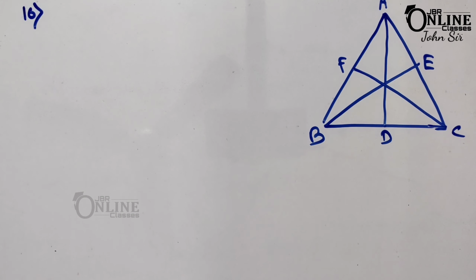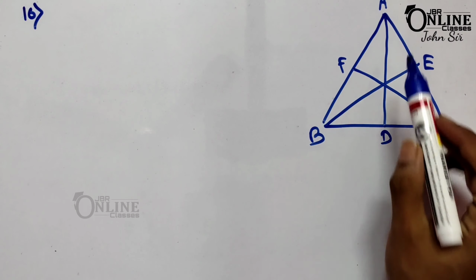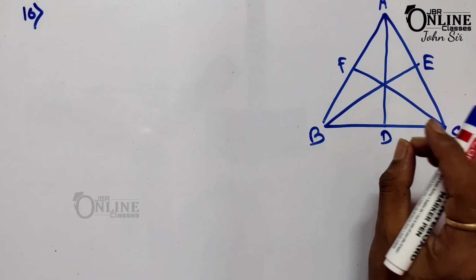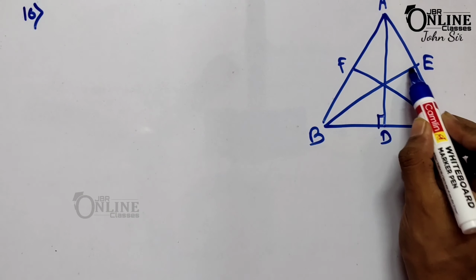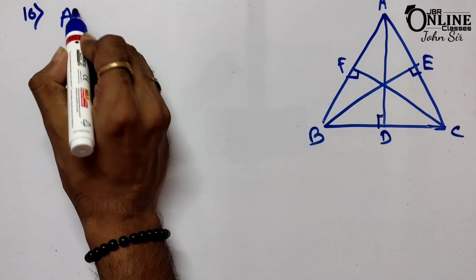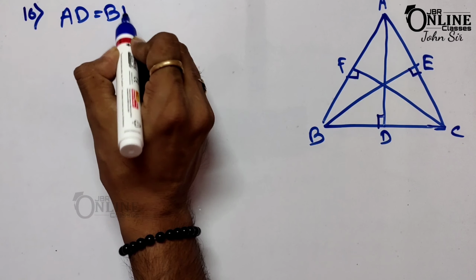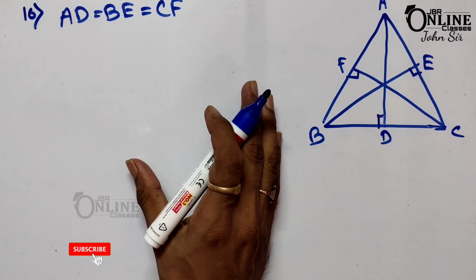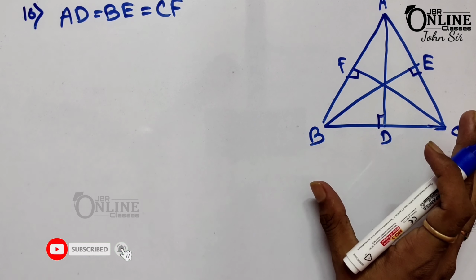Now sum number 10. In the adjoining figure, AD, BE and CF are the altitudes of the triangle. That means this angle equals 90 degrees. Here AD equals BE equals CF, it's given, then prove that ABC is an equilateral triangle.